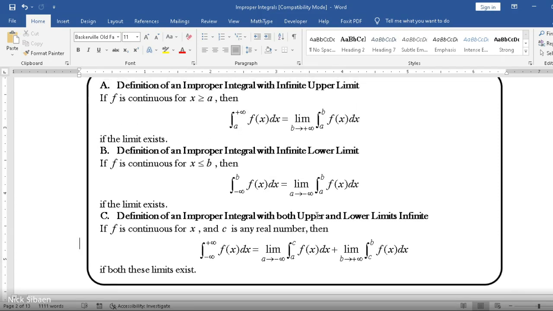So these are the three type 1 improper integrals. Makikita natin agad, may positive infinity dyan, may negative infinity, or both limits are the infinities. And how do we compute this one? It's like computing the limits. Naghalo yung knowledge natin ng limits at yung definite integration.